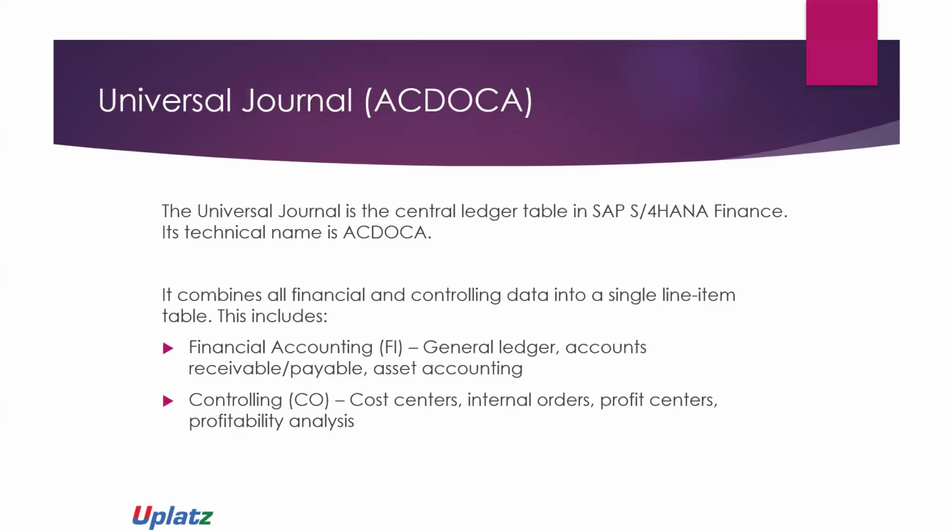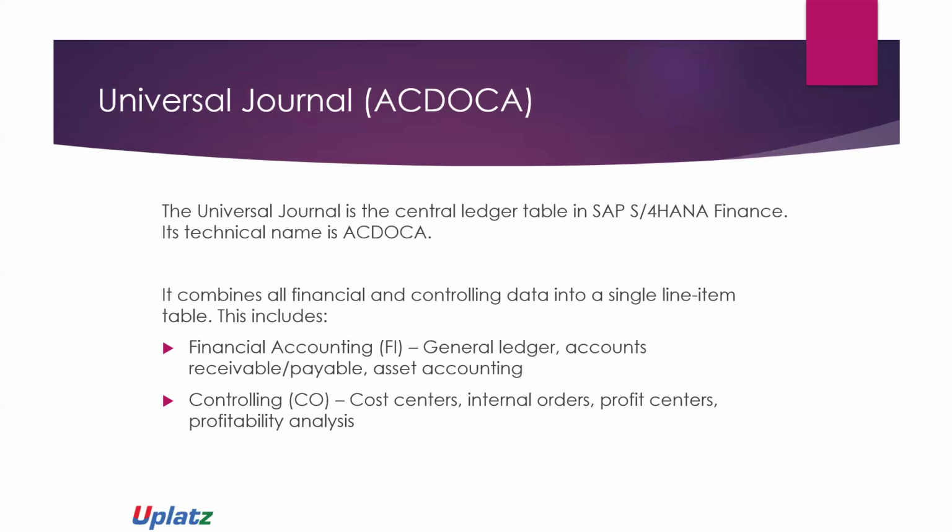Now I'm coming to the Universal Journal. The Universal Journal is the central ledger table of SAP S4HANA Finance. It is technically called the ACDOCA table, which combines all the financial and controlling data into a single line item table. This includes financial accounting, within which we get the general ledger accounts, receivables and payables, and asset accounting.